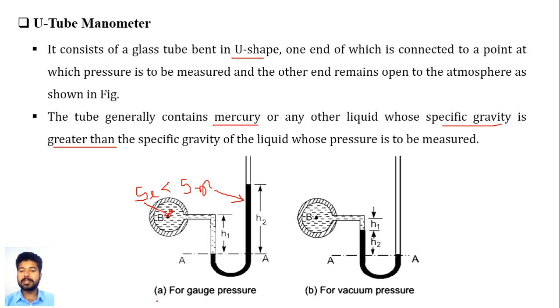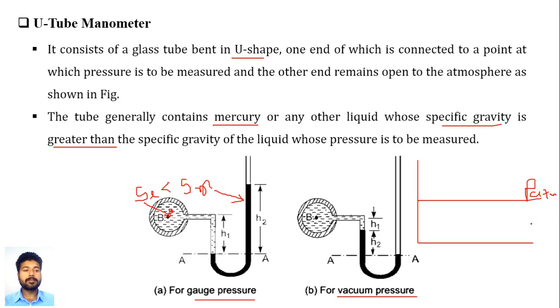So these are the two types of U-tube manometer. The first one is for gauge pressure, that means for a positive pressure which is always above the atmospheric pressure, and the second type of U-tube manometer is for vacuum pressure. This one is our P atmospheric, as we already discussed. This one is our P absolute line, that means a zero vacuum, and this one is our P atmospheric line.